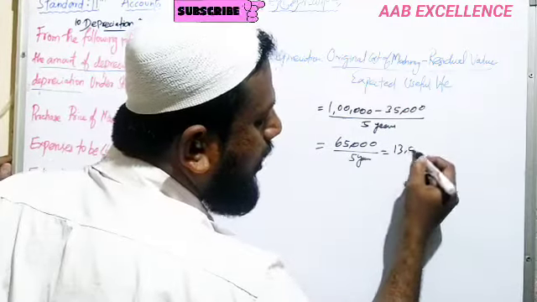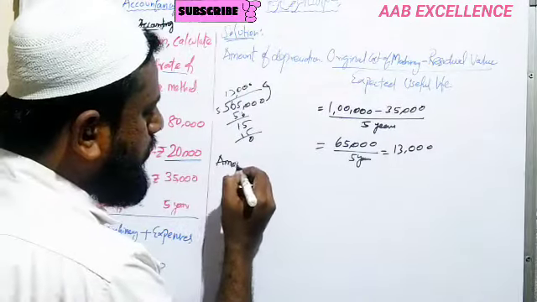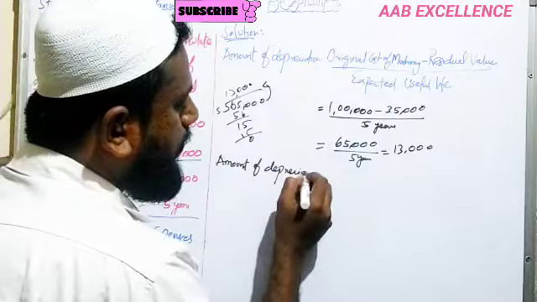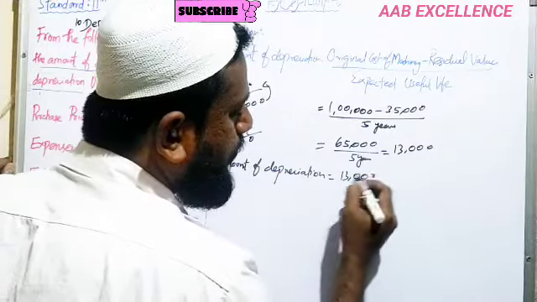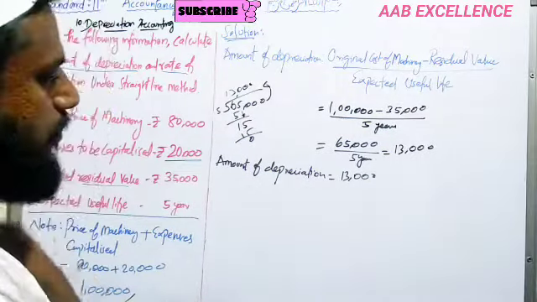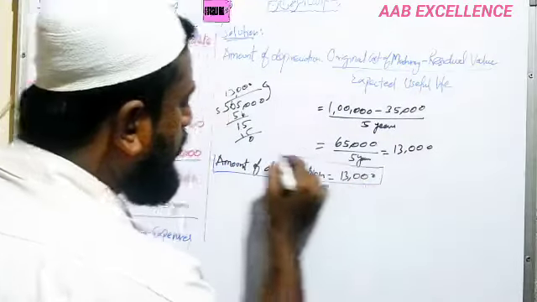So 13,000 is our amount of depreciation. The amount of depreciation is 13,000.